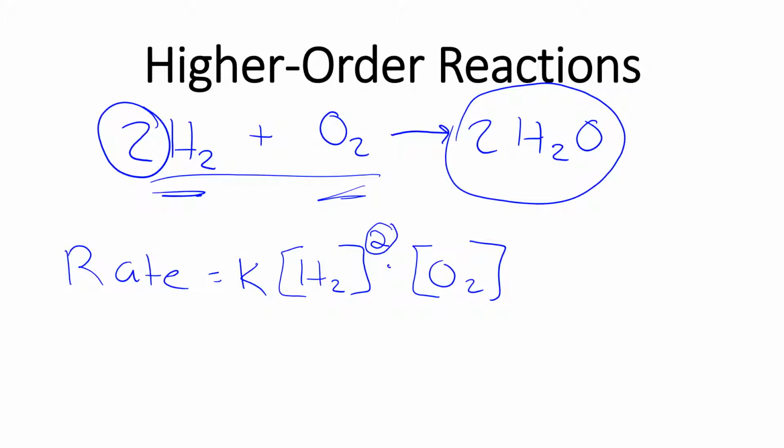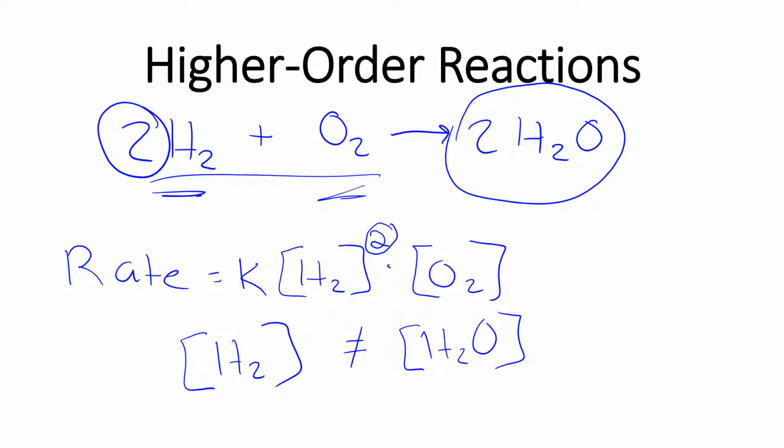This is a higher order reaction because the rate of H2 is not directly proportional to the rate of H2O formation. It's the rate of H2 with this added exponent in there because of the ratio between H2 and H2O.